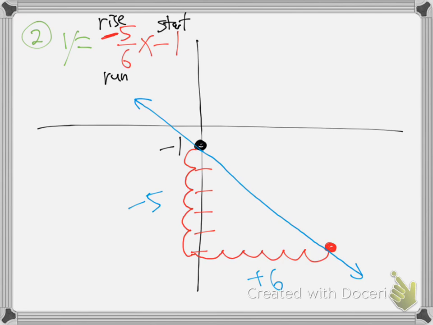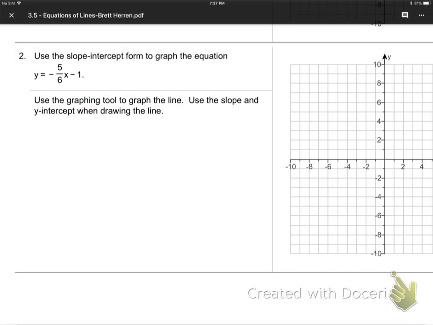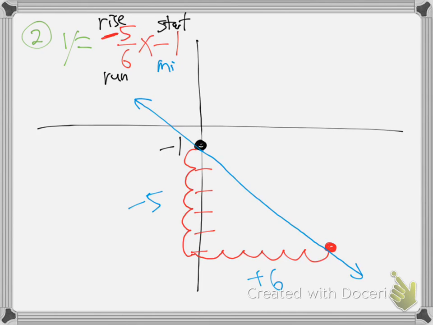Start is always in the middle line. Yeah, the first dot is always right on the middle line. Negative 1 is down 1. Positive 1 is up 1. Because the last one was plus 1, wasn't it? So you always start in the middle line. If it's plus 1, that's up 1. If it's minus 1, that's down 1 in the middle.